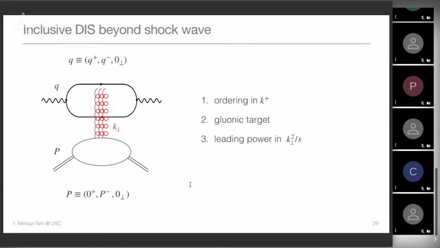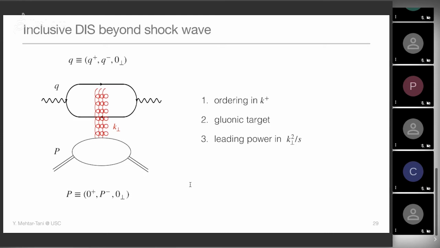So here again, we calculate this diagram. We have a photon splitting into a QQ bar interacting with the target, and we make three approximations. So we'll assume ordering in k plus, because we know that ordering in k plus is common to DGLAP and BFKL or BK evolution.